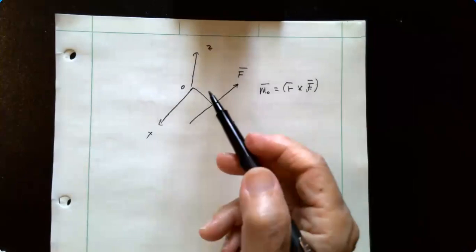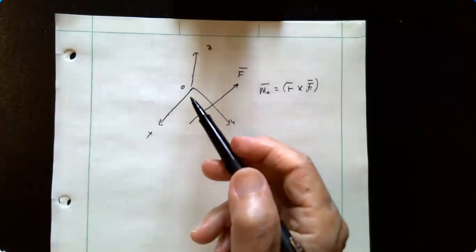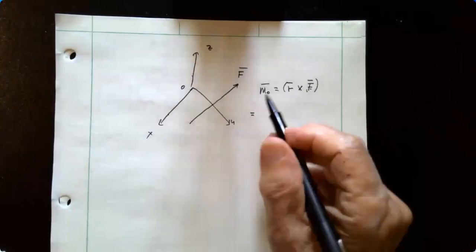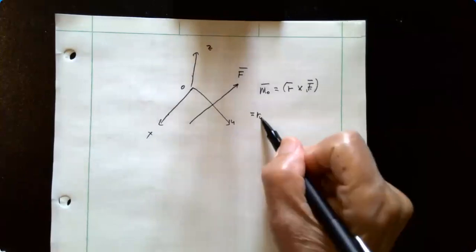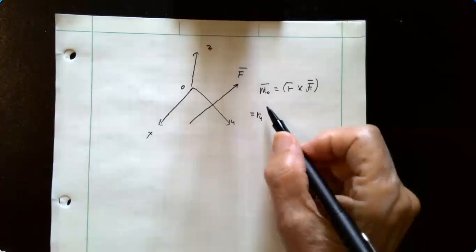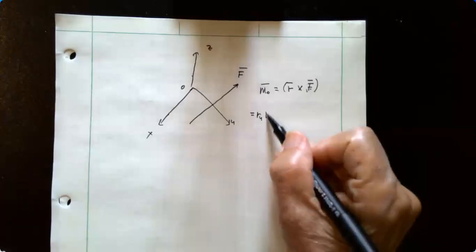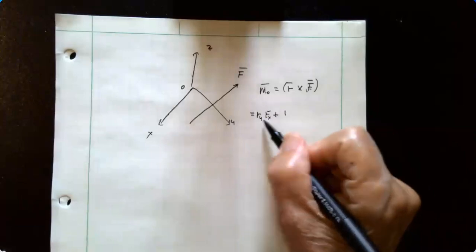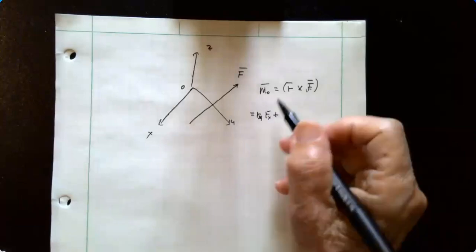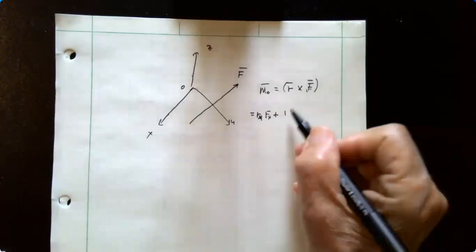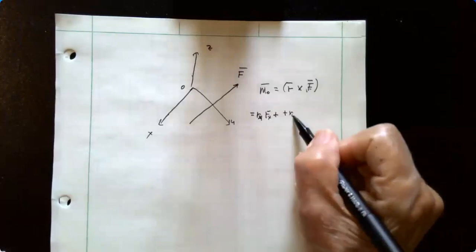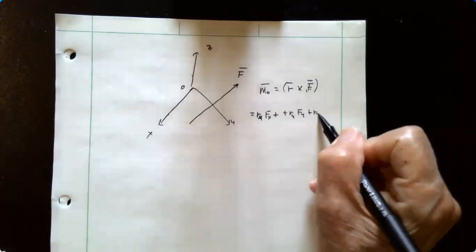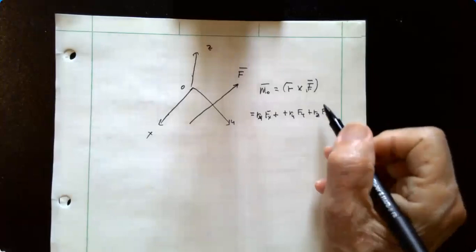And again, if it's in three-dimensional space, you can write this in scalar terms as r sub y f sub x plus, excuse me, r sub x f sub x plus r sub y f sub y plus r sub z f sub z.